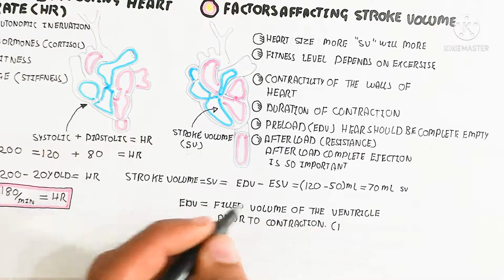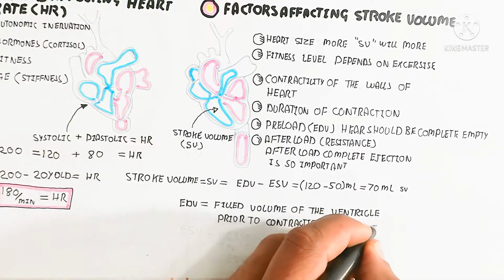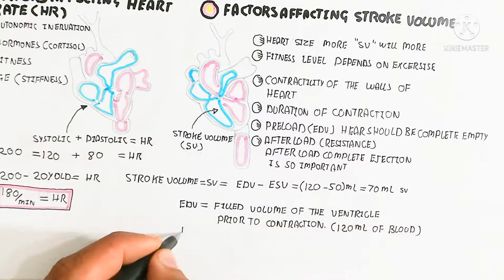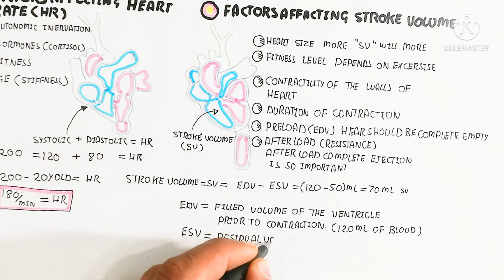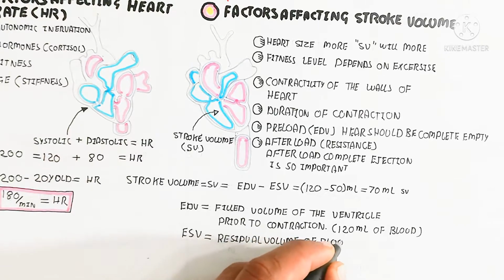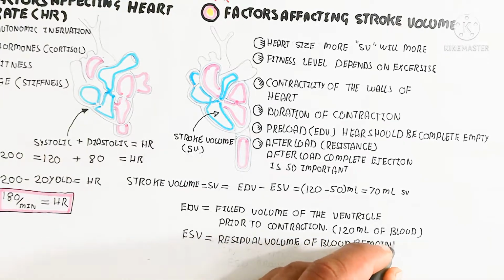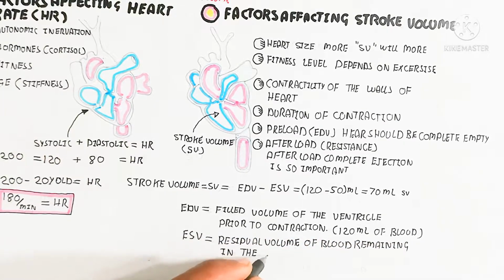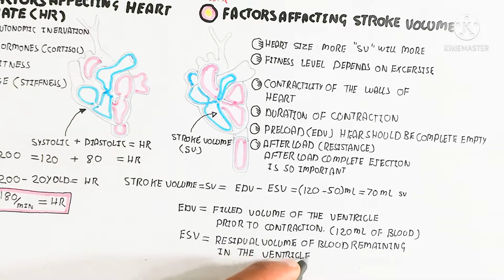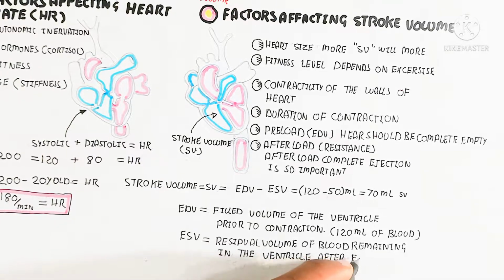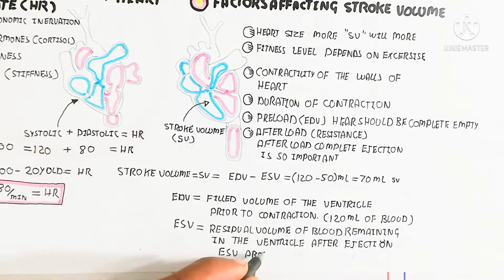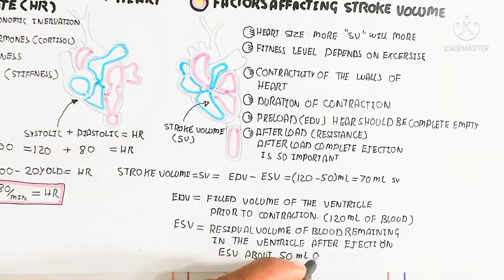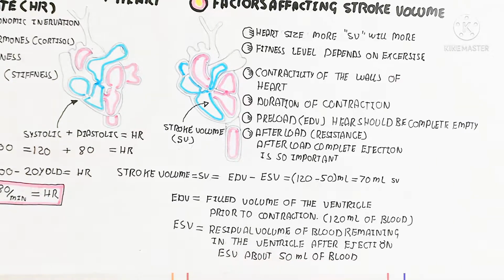And the end diastolic volume means the filled volume of the ventricle prior to contraction, so the contraction is required. So the end diastolic volume will be complete, 120 ml of blood, while the end systolic volume is the residual volume of blood remaining in the ventricle after ejection, about 50 ml of blood.